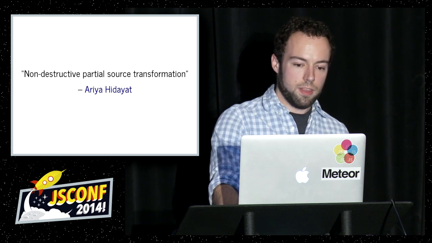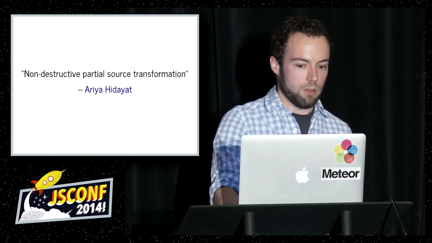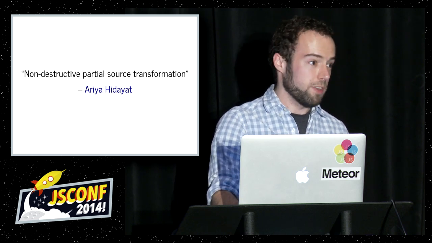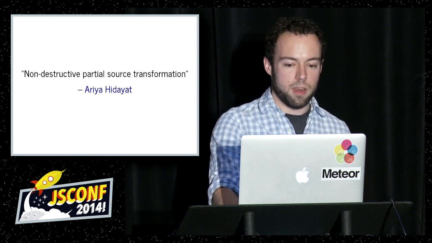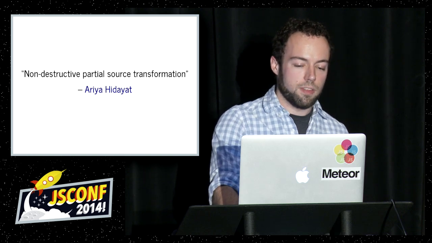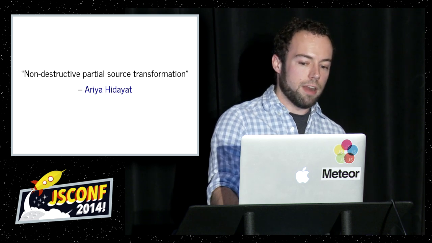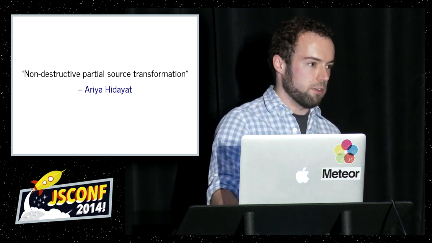And what's magical about this? Like, you could just pretty print the result, and that would give you working code. You'd be able to use ECMAScript 6 today, which is part of the promise here. But there's another property of recast that's pretty cool that's, I think, best described as non-destructive partial source transformation.